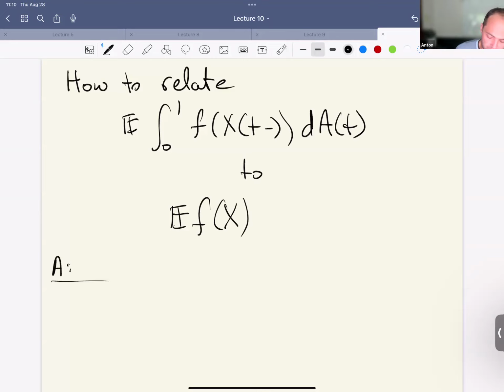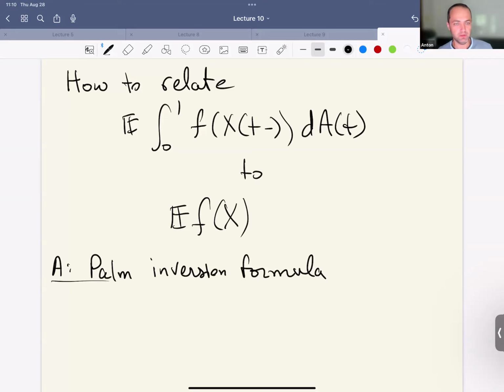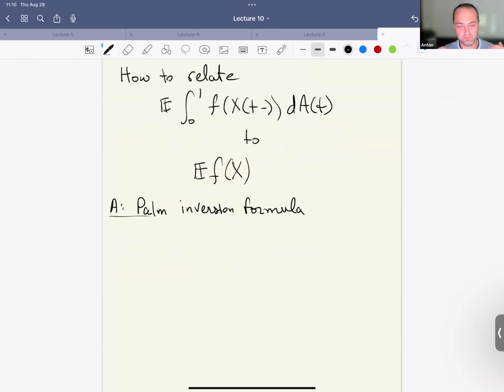And again, if you know Palm calculus, you say, oh, this is just the Palm inversion formula. And you apply it and say, that was easy, and go on. It's not hard. But if we want to stick to this elementary view of things, I want to prove it to you now.